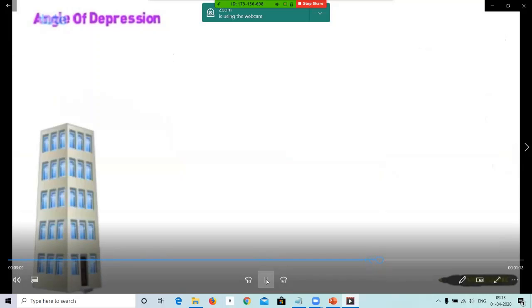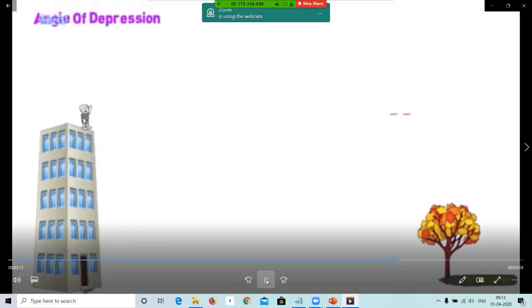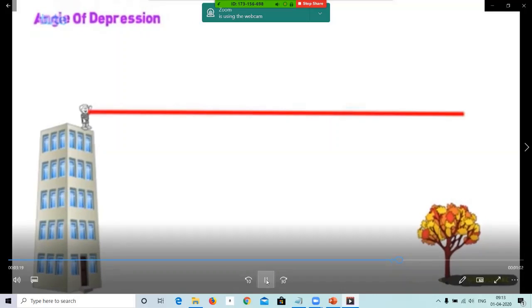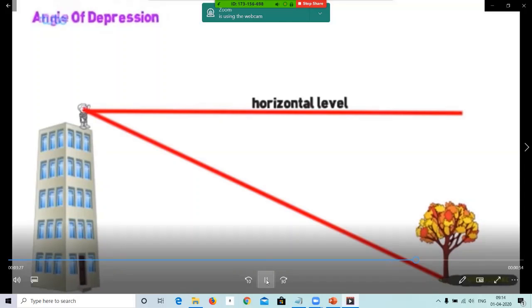What do you mean by angle of depression? Consider a building, and on the top of the building, a boy is standing. So this will be his horizontal level. The boy is looking at the base of the tree. So that particular imaginary line is called line of sight.